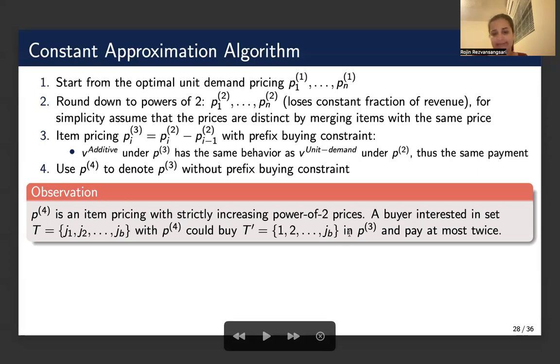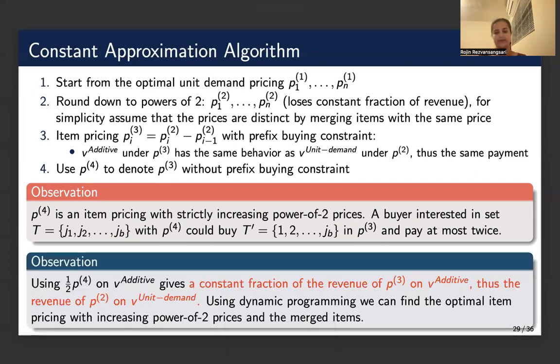Now, what we claim is that the price of this set under P3 is not that far away from T. In fact, the price of T under P4 is at most twice the price of T prime under P3. And this happens exactly because of the way it is defined, and because each price is a difference of distinct powers of 2.